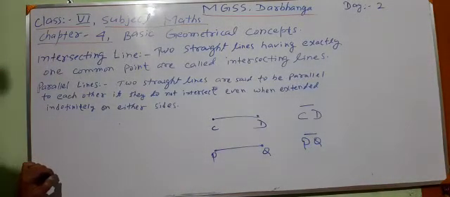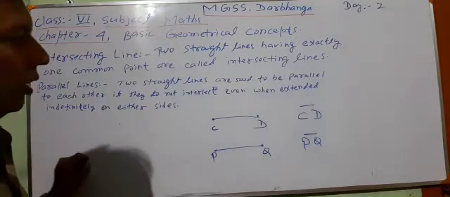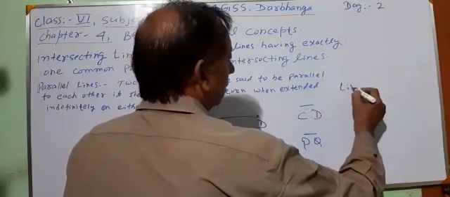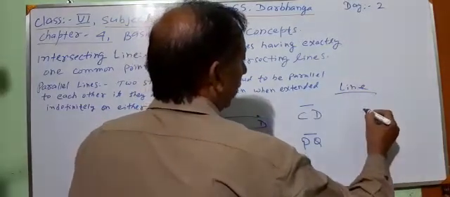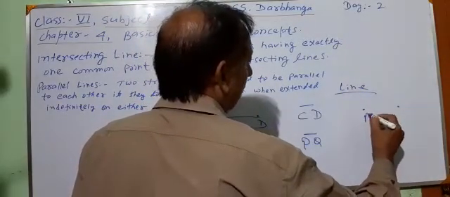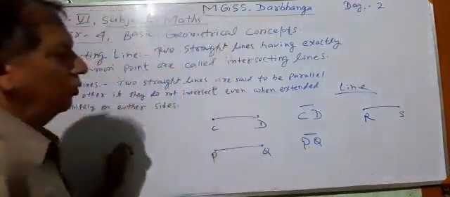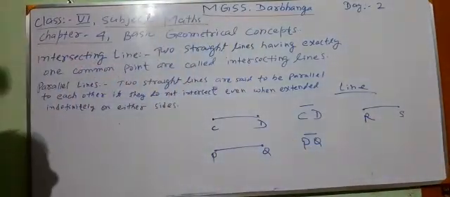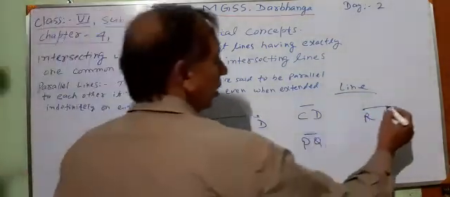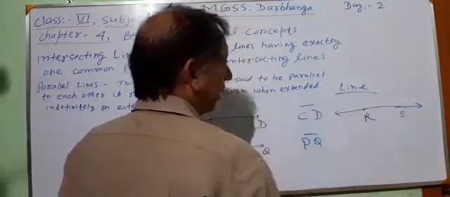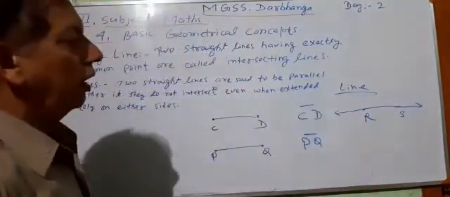Clear? We have read about point and line segment. Now, what is a line? Suppose this is a line segment RS. We have to extend RS in both directions. Here we shall extend indefinitely, and here also we shall extend indefinitely.